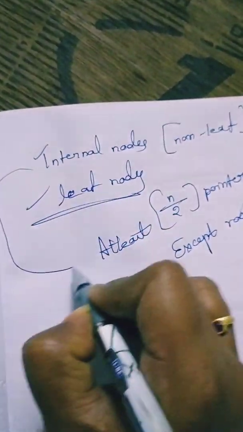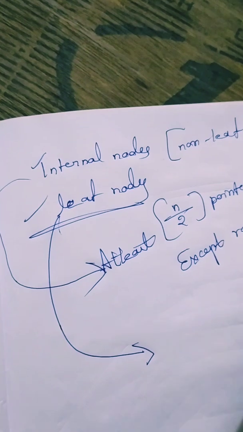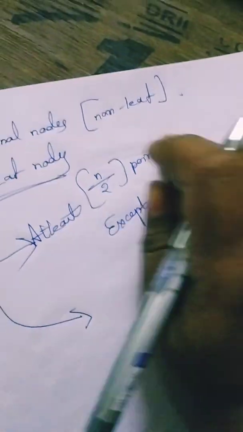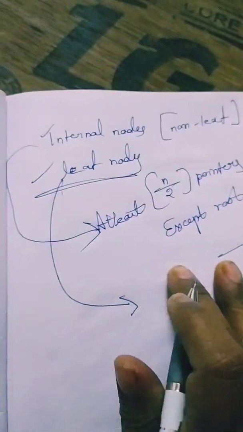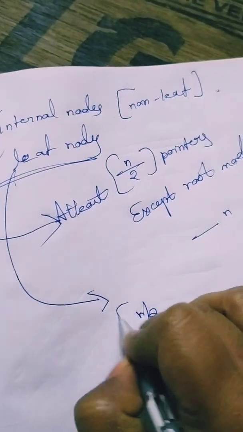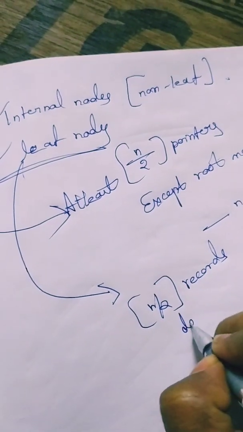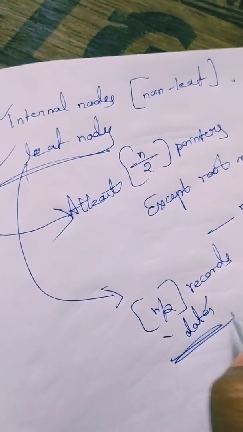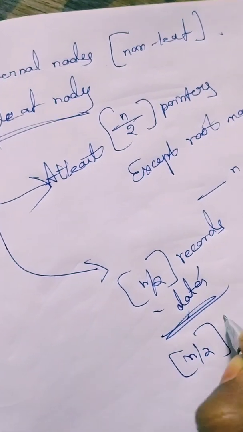This is for internal nodes. What about leaf nodes? Leaf nodes contain at least n by 2 records, that means data pointers, data, and n by 2 key values.